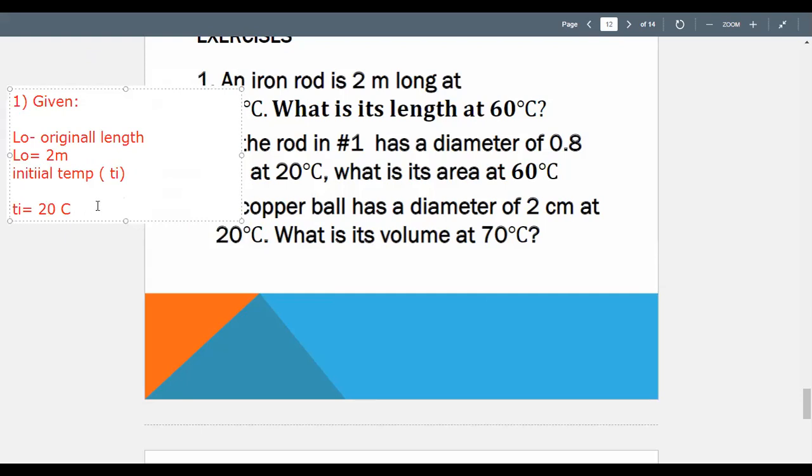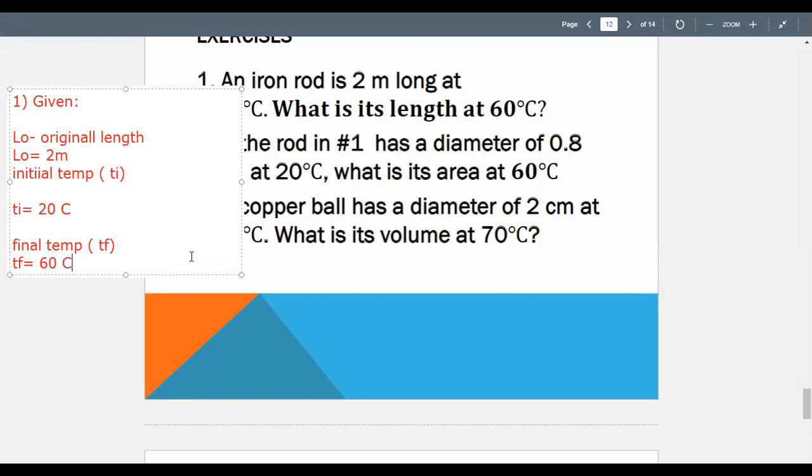We can call the final temperature T sub F. Now we usually use small letters when we use the common scales. So Celsius and Fahrenheit are called common scales. We use capital letter T when we are dealing with absolute temperature. So T sub F is 60.